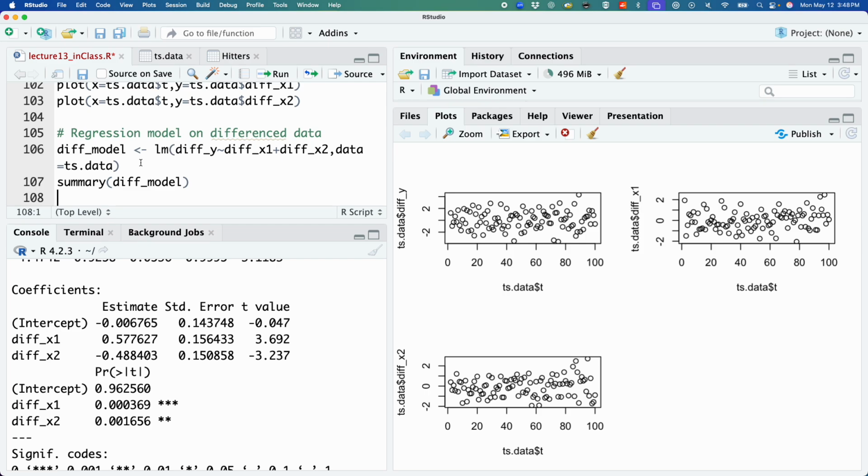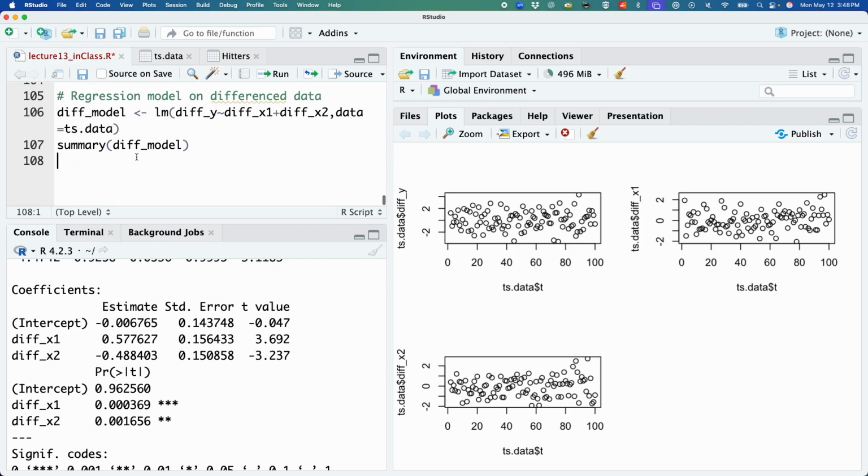Any questions on that? And actually, we can do a quick comparison of if we do the non-diff model, or maybe let me do.